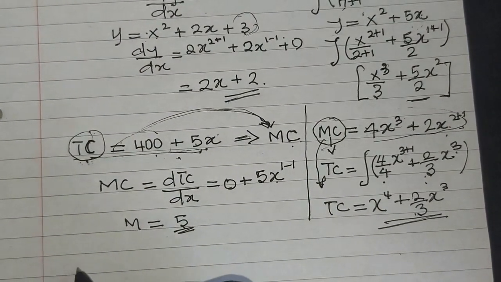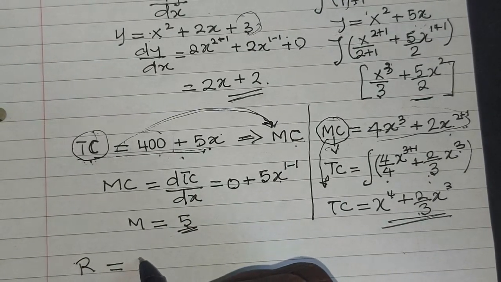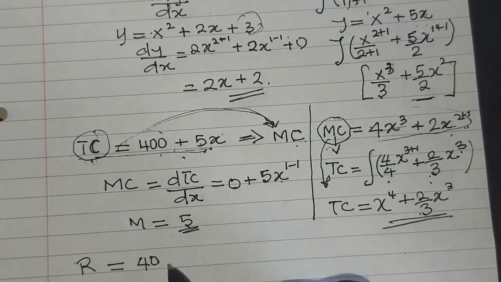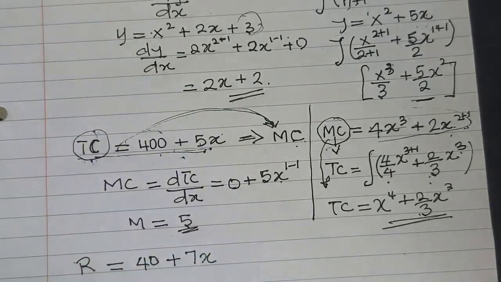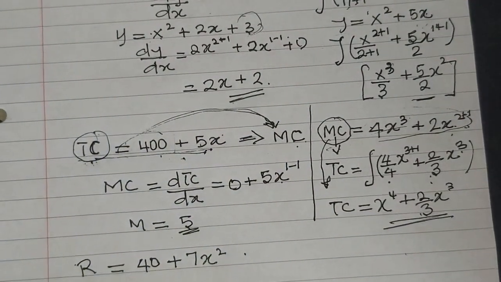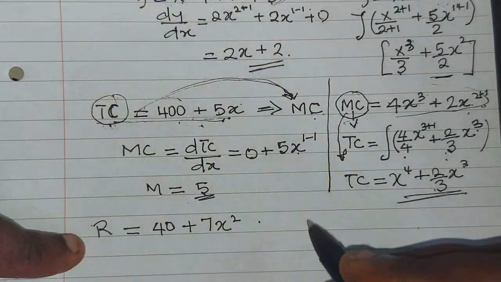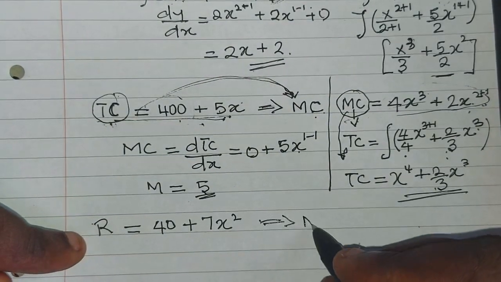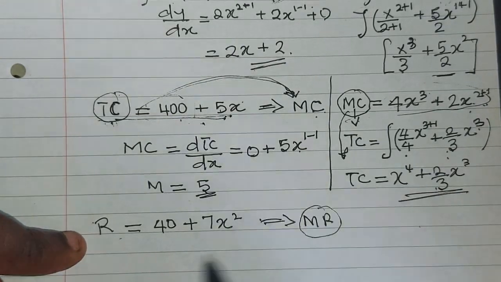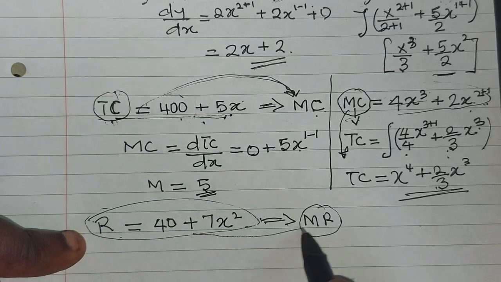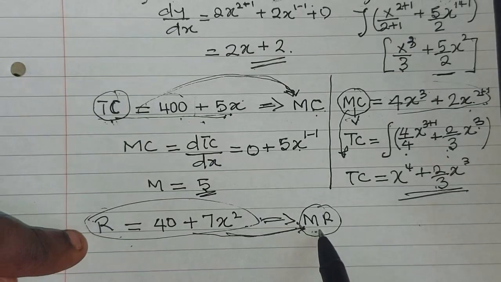If you are also given the revenue function, say 40 plus 7x raised to power 2, and you are asked to find the marginal revenue, you also differentiate the revenue function. You find the rate of change of the revenue function to get the marginal revenue.